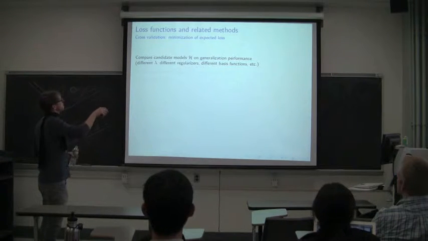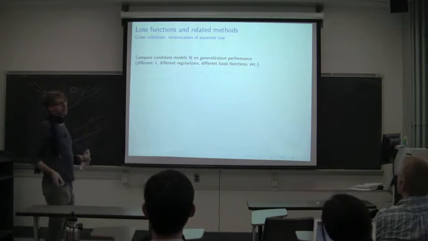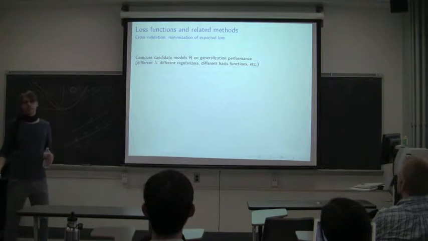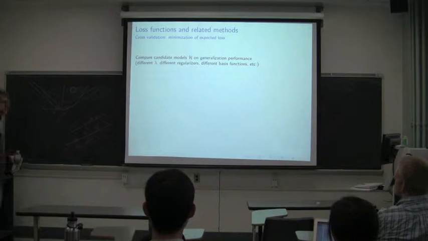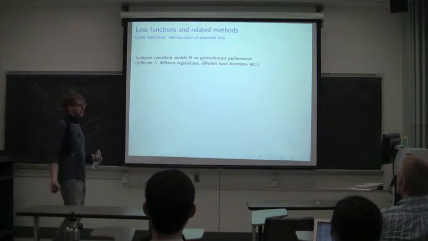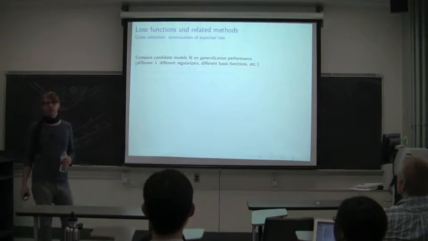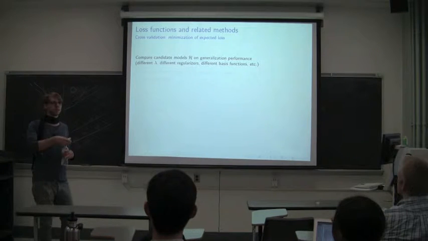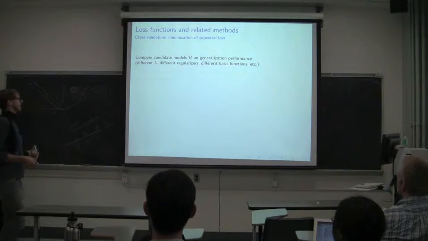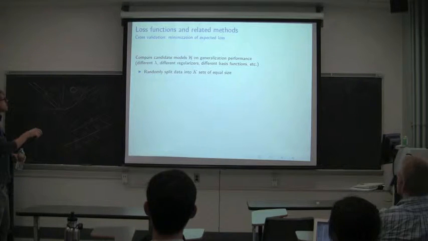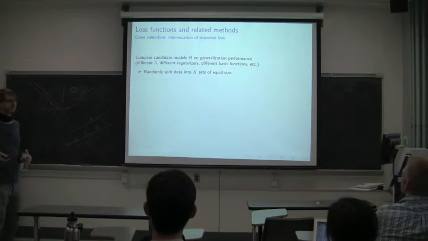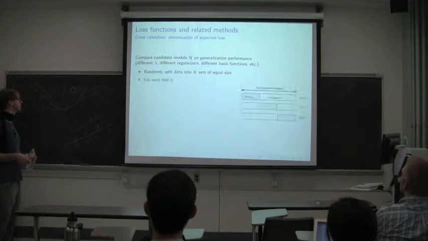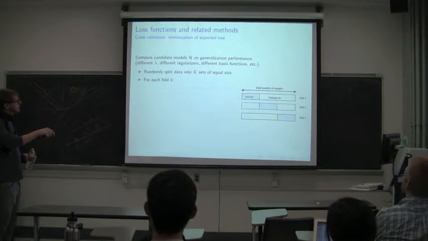So you want to minimize your expected loss, but the expectation is over the data distribution, which you don't know. But you can try to approximate this expectation using out-of-sample prediction. The idea here is that you split your data in k sets of equal size. Say k is 10, and in this example it's 3.